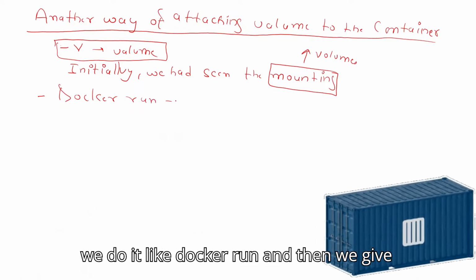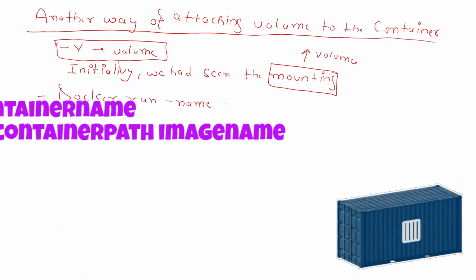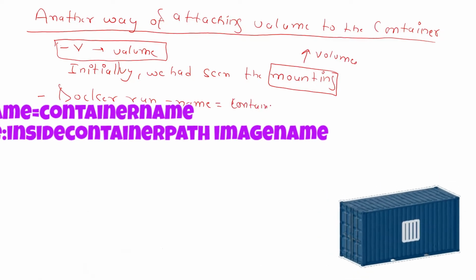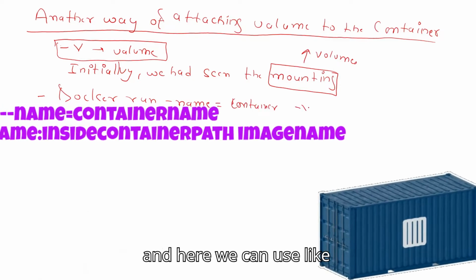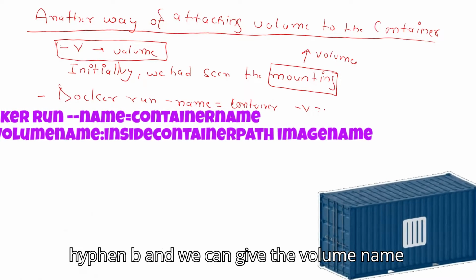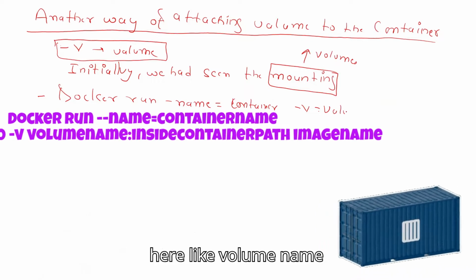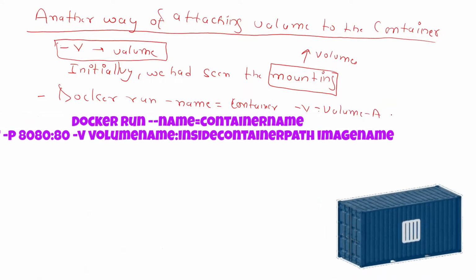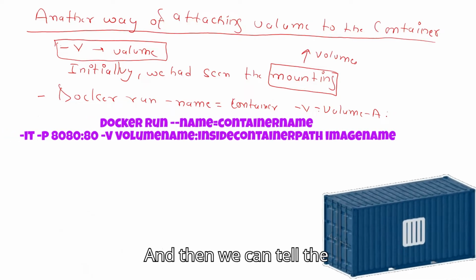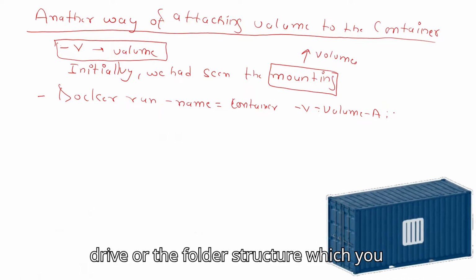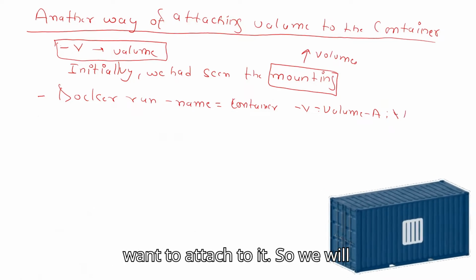For that we have a command similar to before: docker run, and then we give the container name, and here we can use the -v flag and give the volume name, like volume e, and then the drive or folder structure which you want to attach to it.